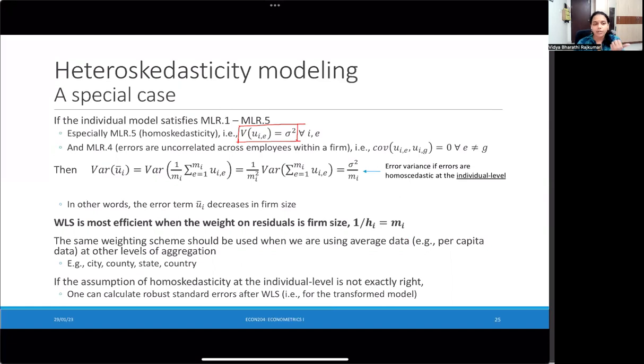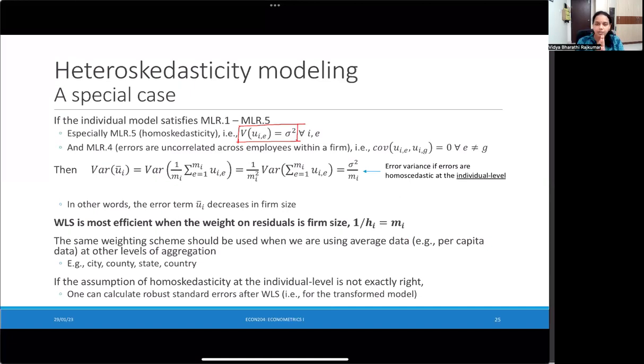And MLR4 says that E of u given x is 0. The errors don't depend on the values of the x variables. Or in other words, the errors are uncorrelated across employees within a firm.